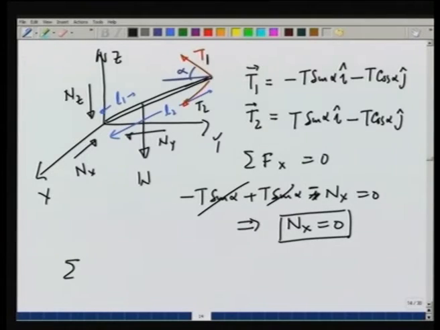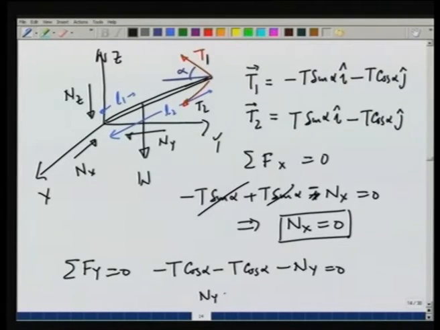Similarly, the summation of F_y equal to 0 implies that minus T cosine alpha minus T cosine alpha minus n_y is equal to 0, or n_y is equal to 2T cosine of alpha with a minus sign.